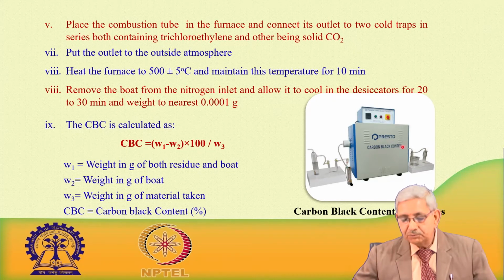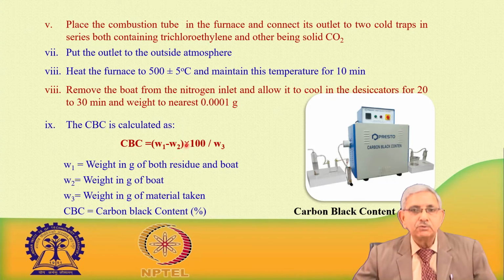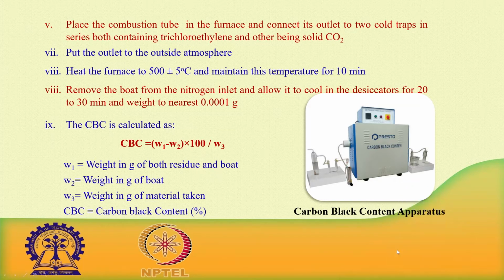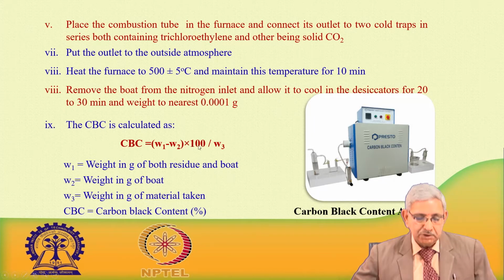This is the device which is used to find out the carbon black content, and it is calculated using the expression CBC equals W1 minus W2 divided by W3, into 100.